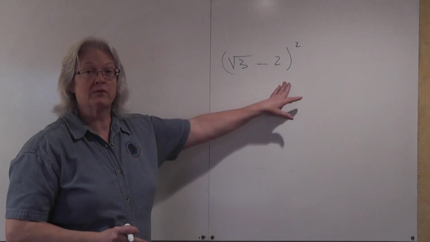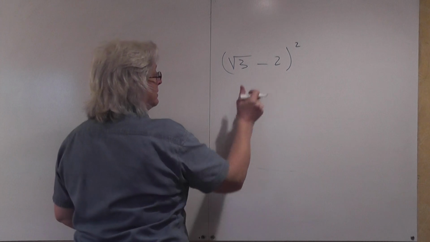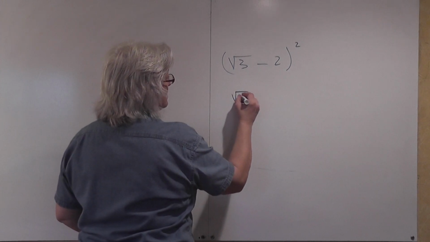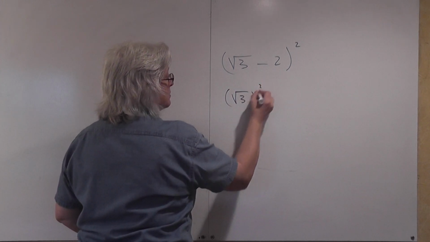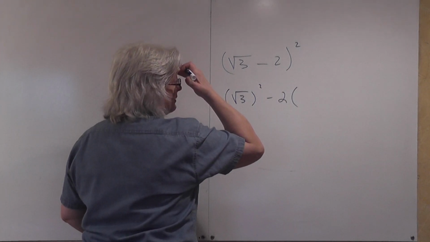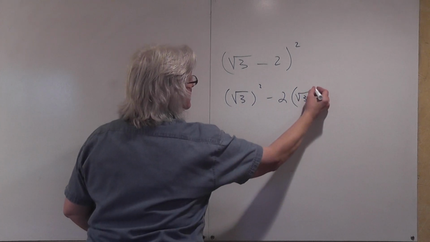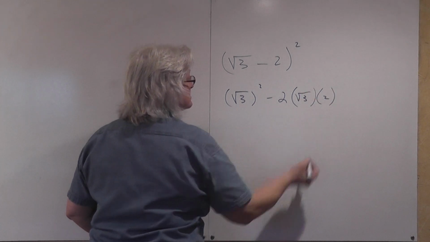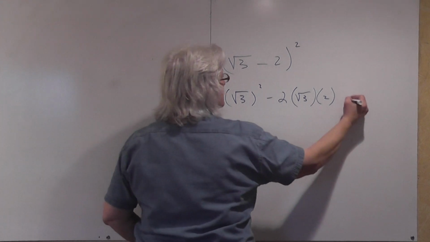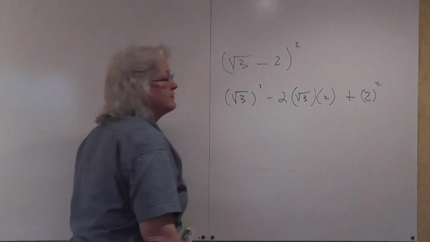This is the perfect square trinomial pattern that we're using to multiply this together. Square root of 3 squared minus twice the product of the terms. Square root of 3 times 2 plus the square of the last term.